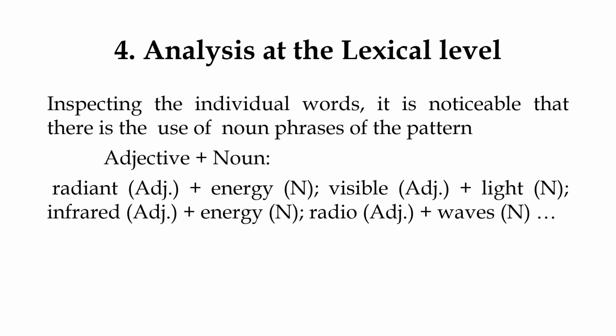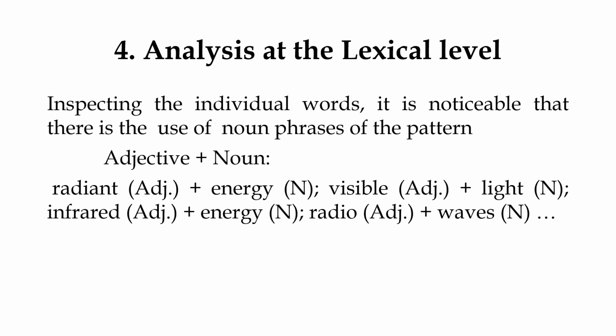Analysis at the lexical level. Inspecting the individual words, it is noticeable that there is the use of noun phrases of the pattern adjective plus noun. For example, radiant is an adjective plus energy, which is a noun, radiant energy.